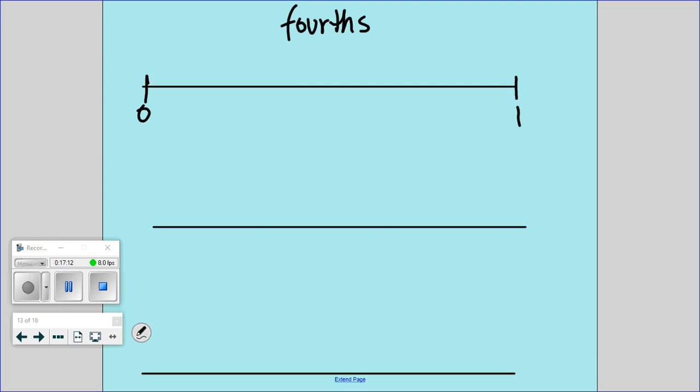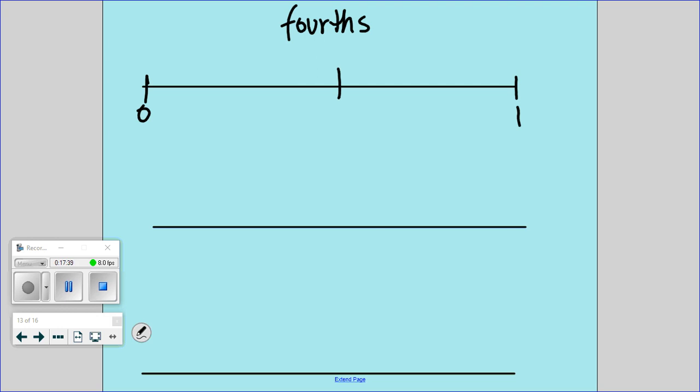Like when we get down to 8, holy moly, that's a lot of pieces to draw. Fourths, that's a lot of pieces to draw. But I know because fourths is an even number, there's always going to be a middle. I can split that number in half. Alright, so let's split this in half.